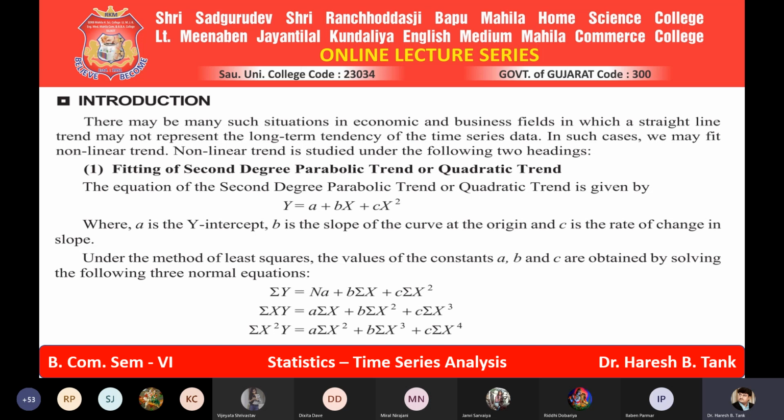In this case, it comes to summation of xy, which is equal to a times summation of x plus b times summation of x square, since x was already there and one more x is inserted, plus c times summation of x cube, since x square was already there and one more x is inserted. This becomes the second equation. Is it clear?